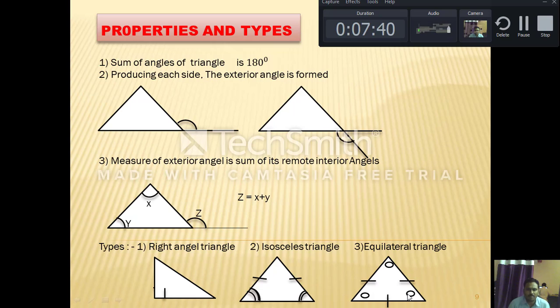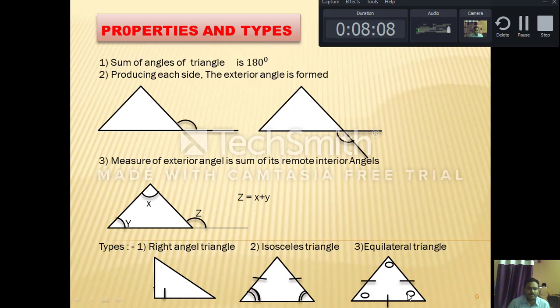Third, regarding the exterior angle, the measure of an exterior angle is the sum of its remote interior angles. Here there is a figure in which x and y are the remote interior angles of angle z. Therefore z is equal to x plus y.